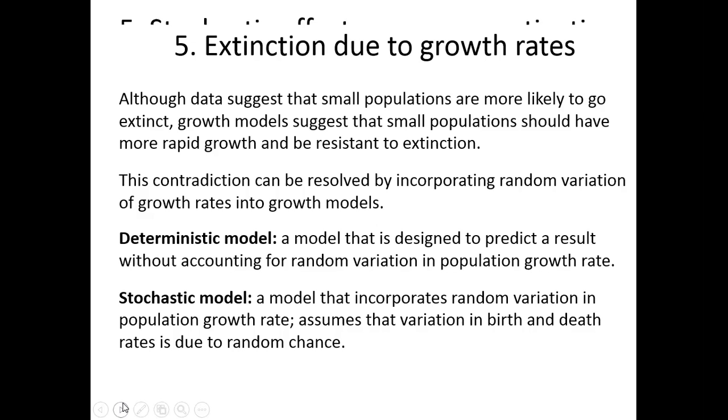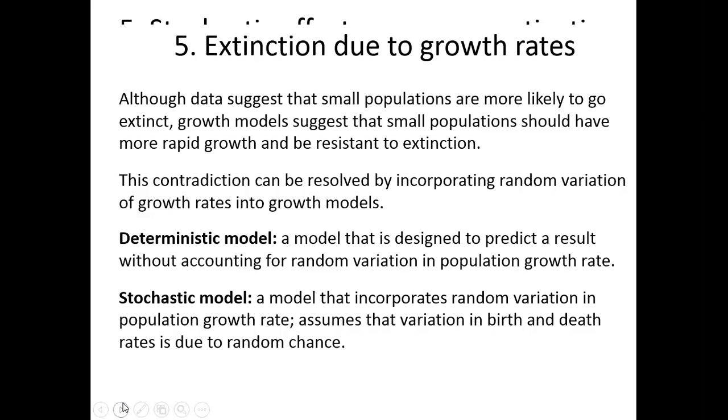But there's another possibility. And that is random variation in the life table parameters. We have treated the life table as deterministic, that say survival rates have a fixed value for any given age class and reproductive rates have a fixed value. But what if it's not fixed? What if it has a mean and a variation?